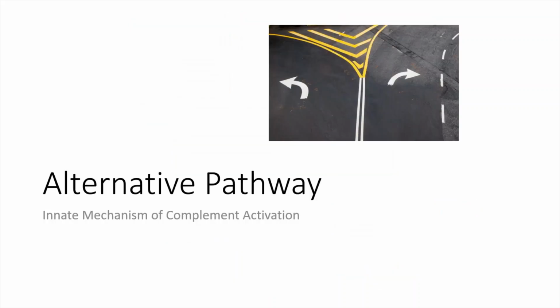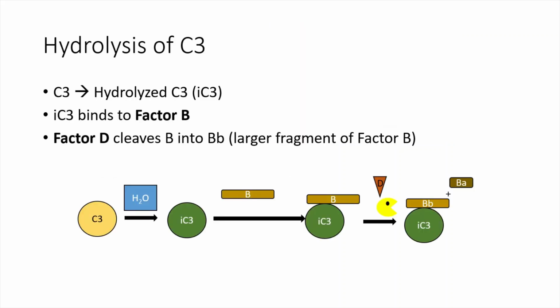Let's take another look at a way to review the alternative pathway. These are the same slides from the original lecture. To start the system, you obviously need to have some C3.